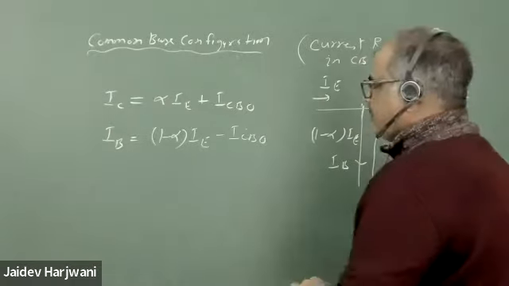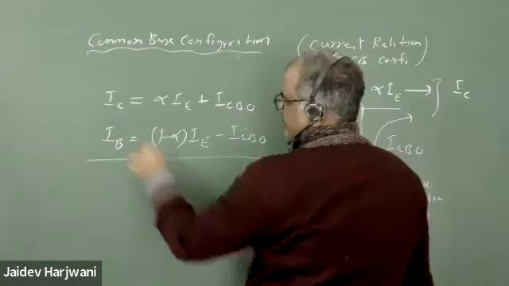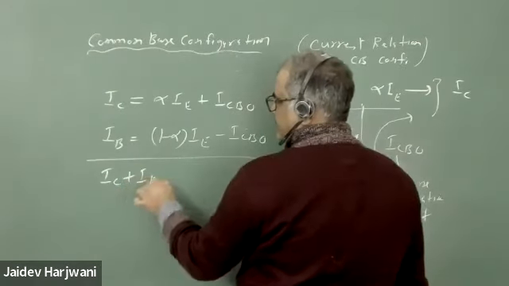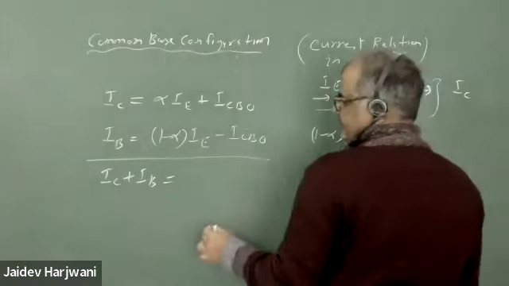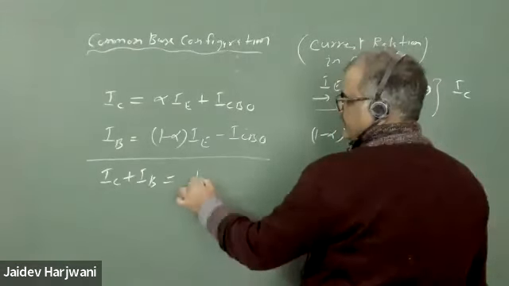Now, if I add these two equations, what will I get? IC plus IB equals what? IE. Very good.